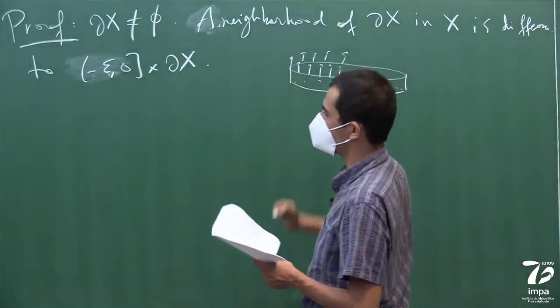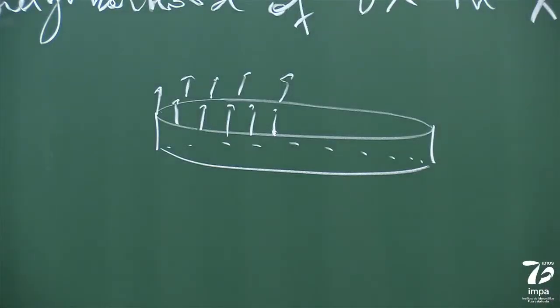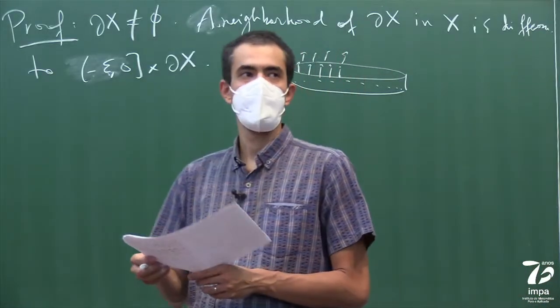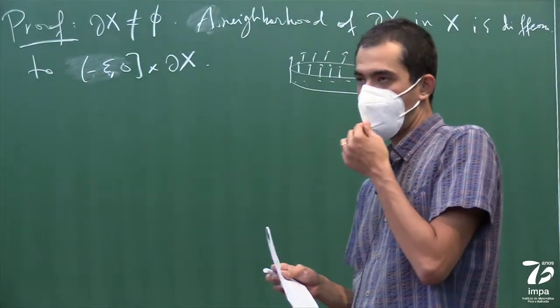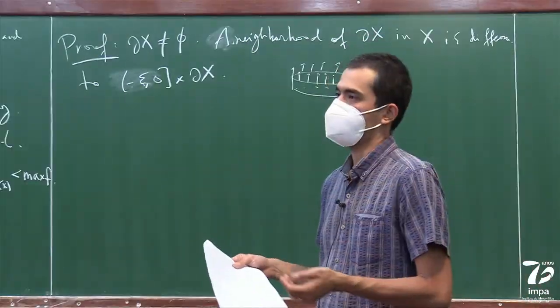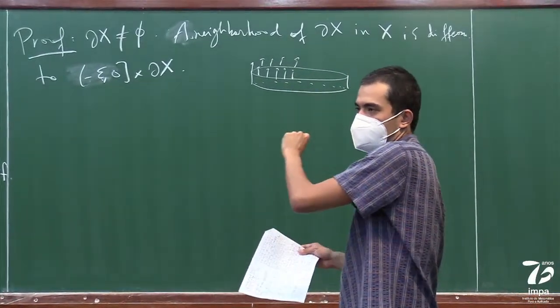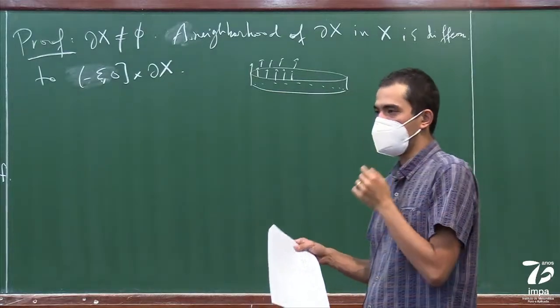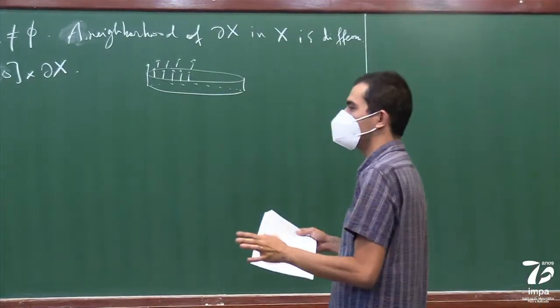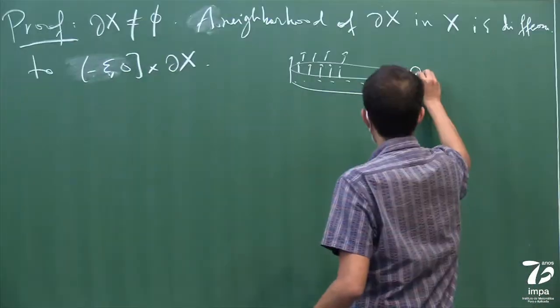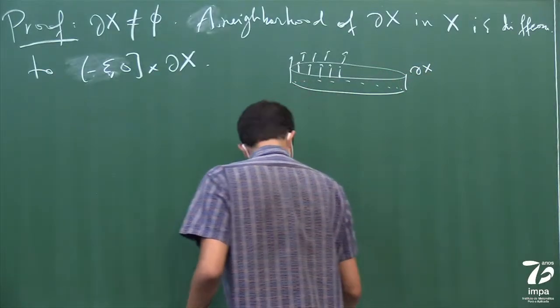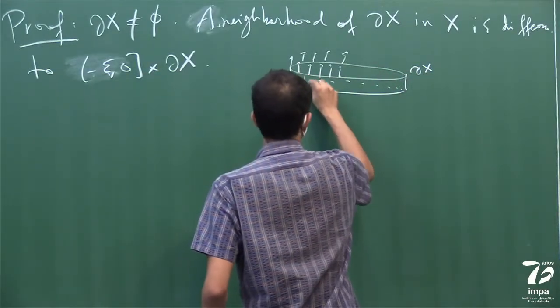If you're assuming the manifold is compact, then it's even easier because you can do that for a finite number, some epsilon that's strictly positive. If the manifold is not compact, then the boundary may not be compact, and then it's a little bit harder. This radius could converge to 0, but still give an open set. Anyway, I'm assuming it's compact, so we don't even have this problem. So if this is your boundary of X, then you can find a little strip inside of X.